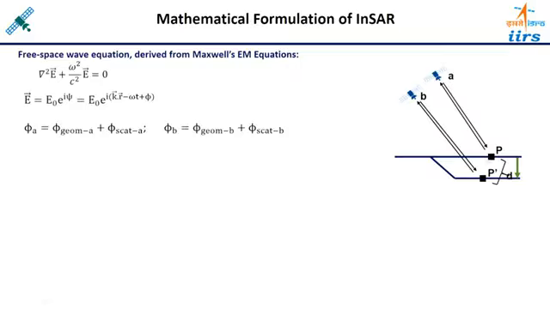And the baseline is also known, meaning the gap between this and this is known. So this side is known, this side is known, and this angle is known.